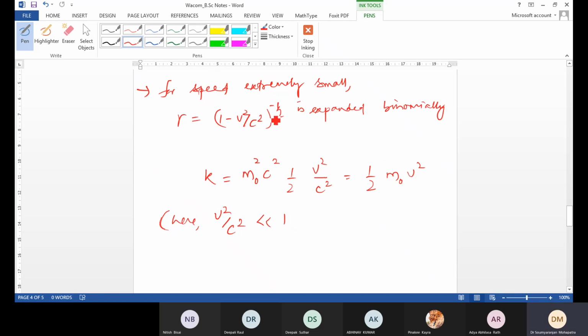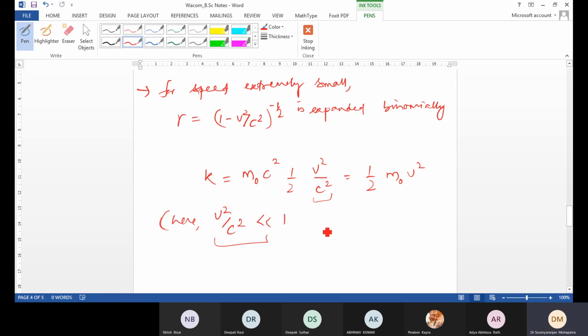So when you do this binomial expansion, you have to neglect the other terms except this linear term. Other terms will be neglected. So you got v square by c square here, and m naught c square times half v square by c square gets cancelled. So you got half m naught v square.